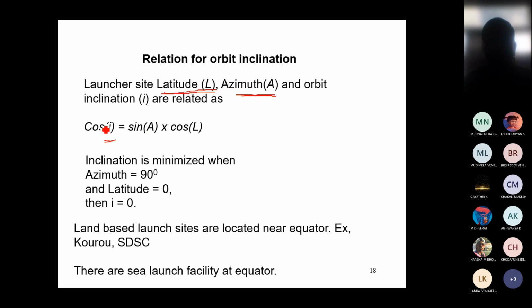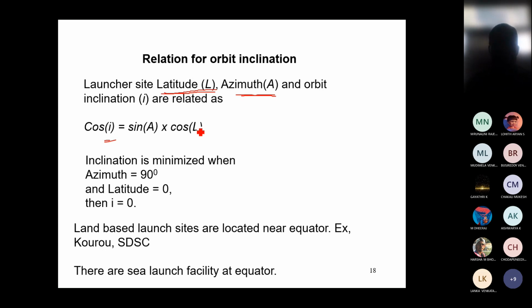So the relationship is cos of inclination angle is equal to, so this inclination is the orbital inclination angle, sine of A into cos of L, where A is the azimuth angle and L is the latitude.